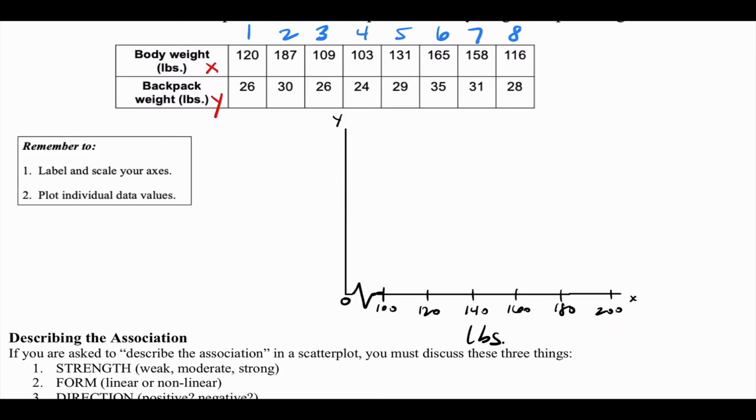Now I'm going to put the Y. Well, the Y's backpack weights start at 24 and they go up to 35. So I'm going to do the same thing I did. I'm going to skip a whole bunch of numbers. I'll start with 20 and go by 5s. And I don't think there's anything above 35.